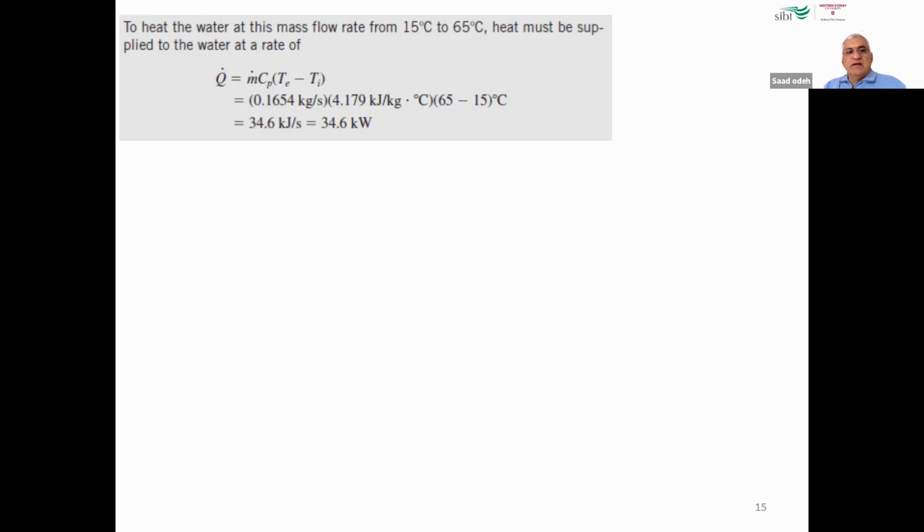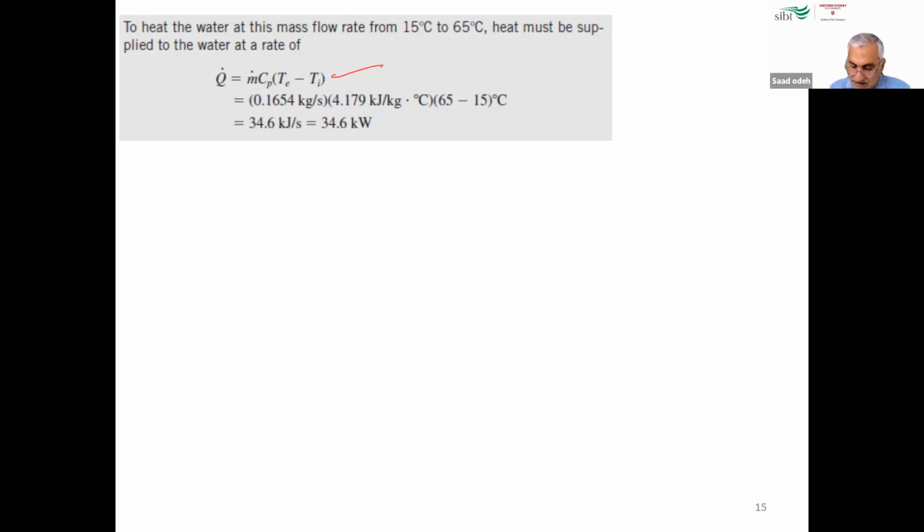Based on this concept, we can get the heat gained by the water if we apply this equation. Q gained by the water is the mass flow rate of the water multiplied by Cp, the specific heat of water, multiplied by the difference between inlet and exit temperatures of the water. This is the heat energy gained by the water.